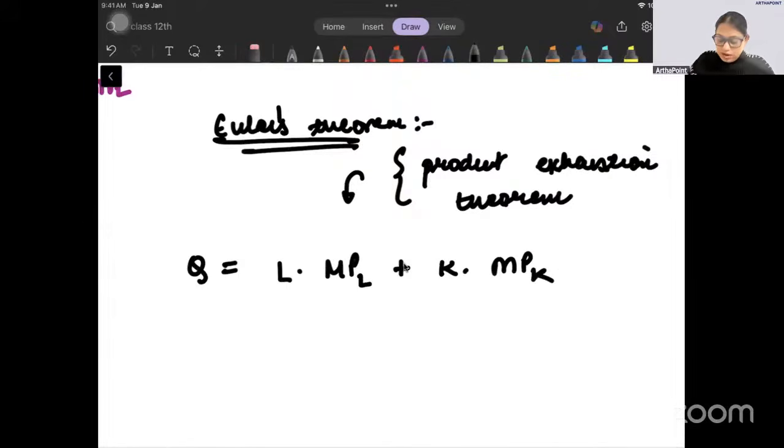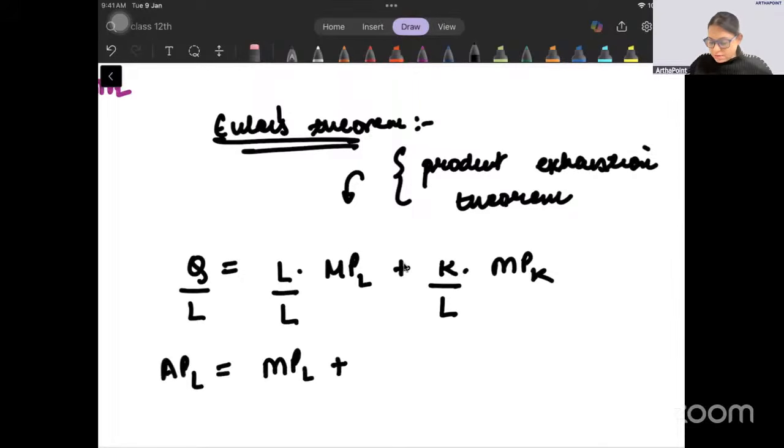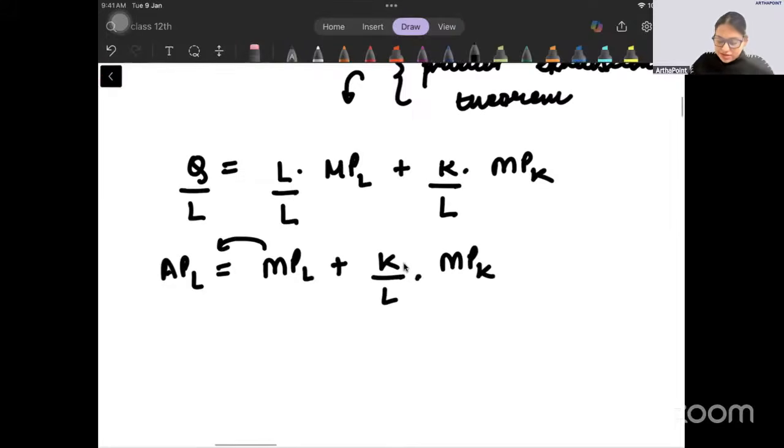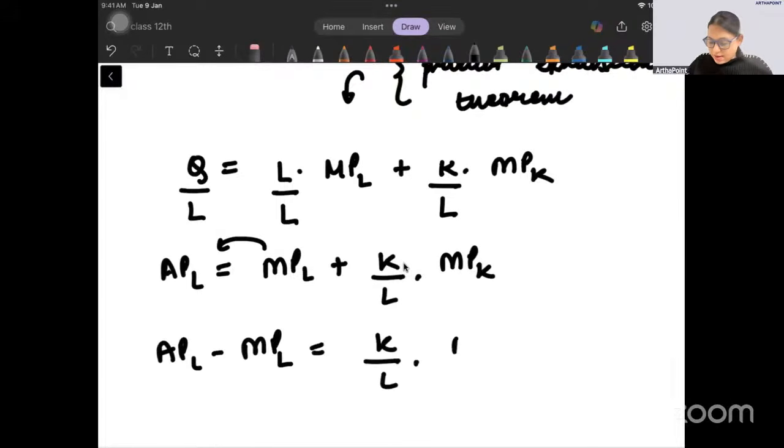So now if I divide by labor on both sides, I will get average product of labor is equal to marginal product of labor plus K by L marginal product of capital. If I take this here, I will get average product of labor minus marginal product of labor is equal to K by L into marginal product of capital.